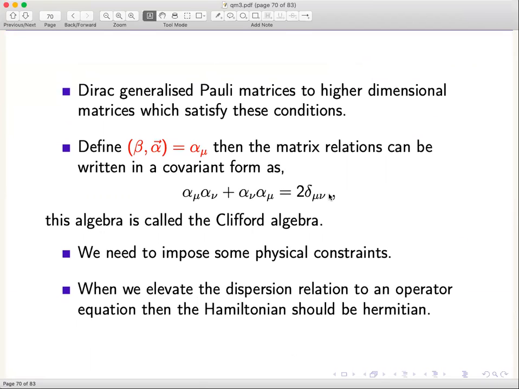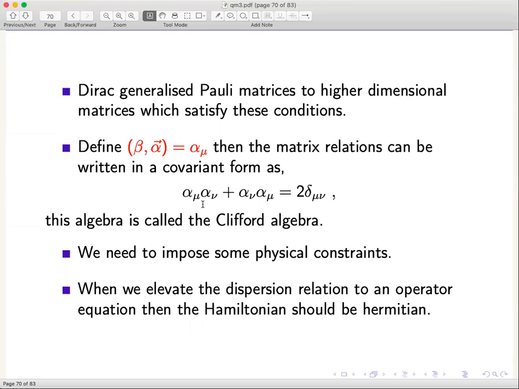This algebra is called the Clifford algebra. And one wants to look at the representation theory of this Clifford algebra to determine what kind of solutions to the Dirac equation one can get. And remember one thing: after having written this in a covariant form, you could actually liberate the number of values that mu and nu can take.